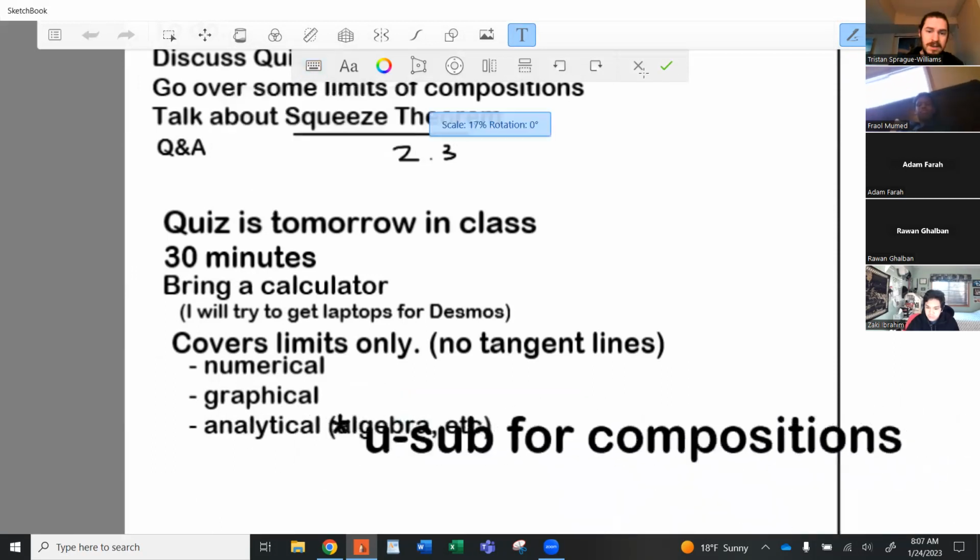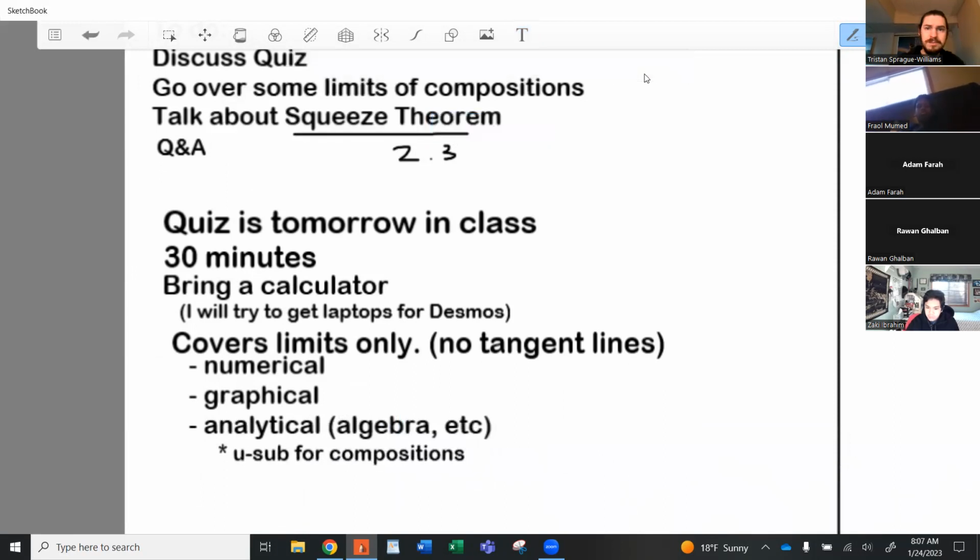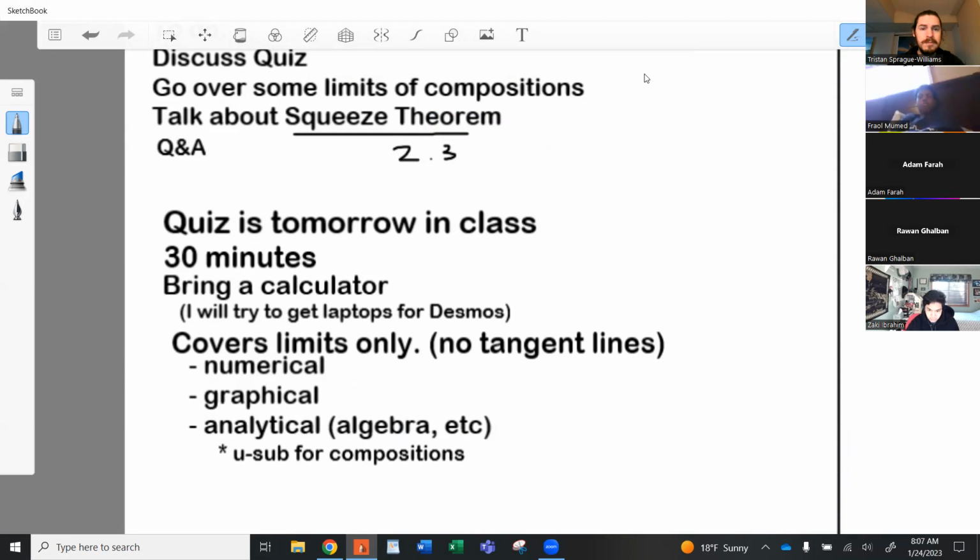That would be something you might need to use. That falls under an analytical solution. Any other questions about this quiz coming up?